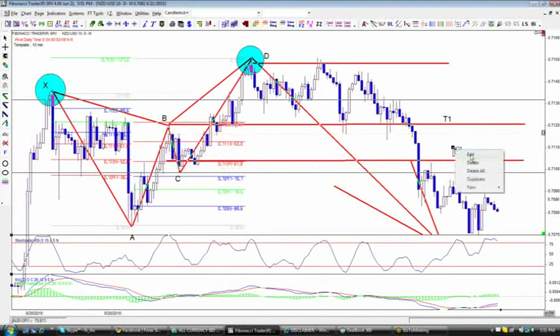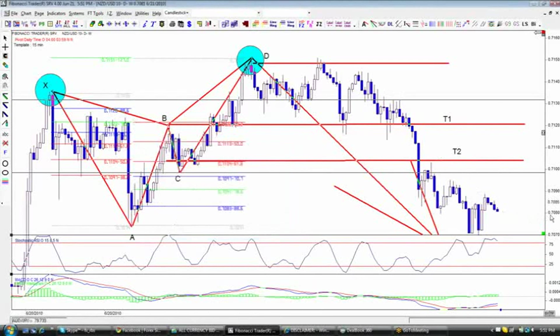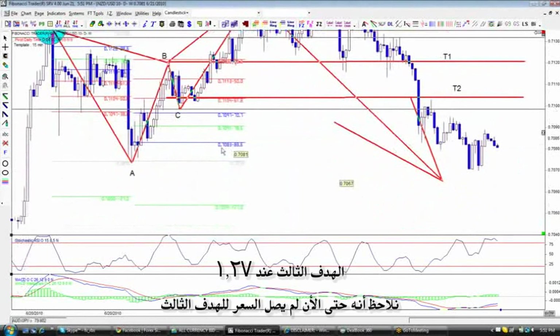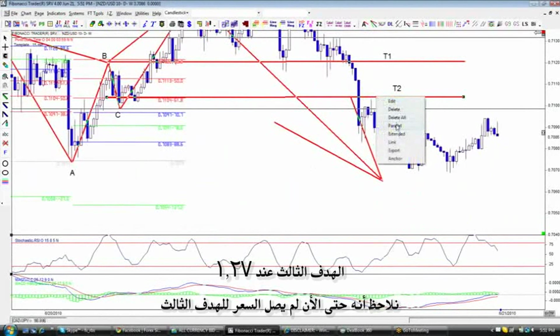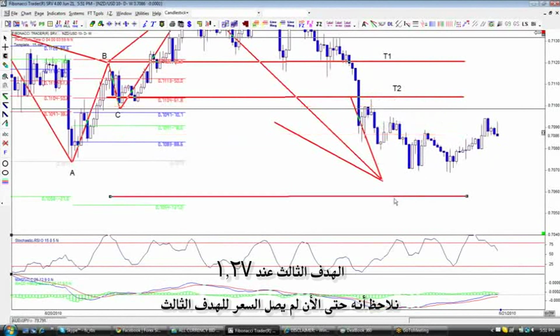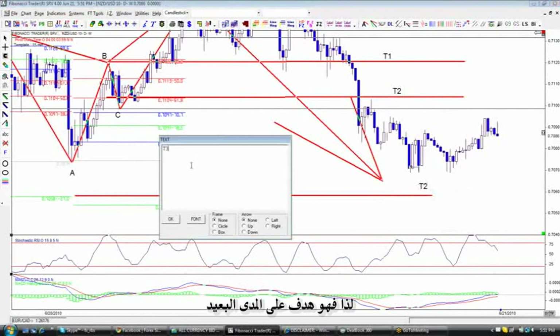This is target 2. Target 3 is at 127. Now, target 3 is not filled yet. This is the long-term target.